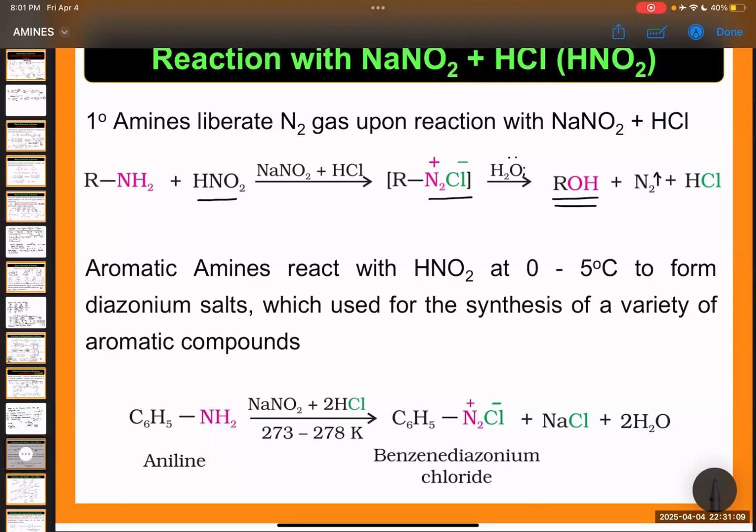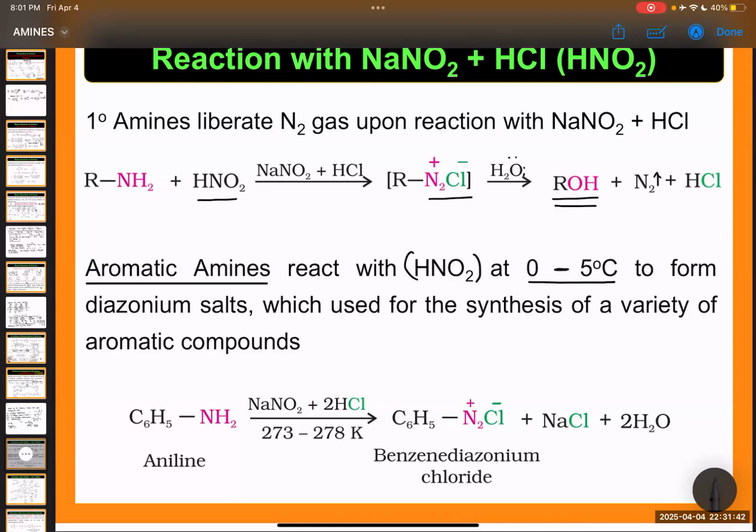And this reaction also holds a very important place in aromatic amines, in aniline. When you treat aniline with NaNO2 plus HCl, you deliberately keep the temperature low, between 0 to 5 degrees, to hold the reaction. Okay.